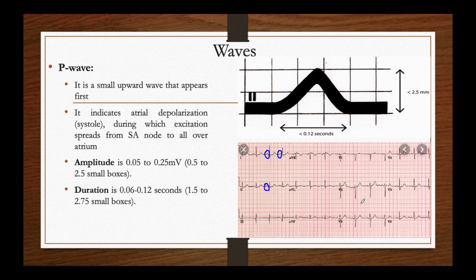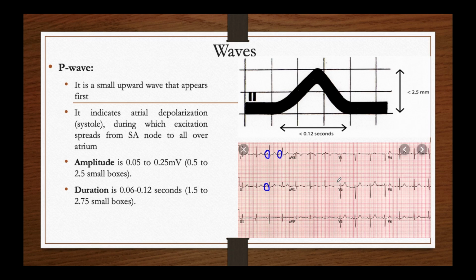The P waves precede all QRS complexes. Now, they are called upright or positive P waves when they deflect above the isoelectric line. Sometimes, however, they may deflect below the isoelectric line, and so they become negative P waves or inverted P waves.